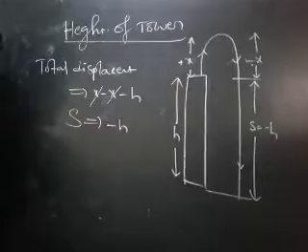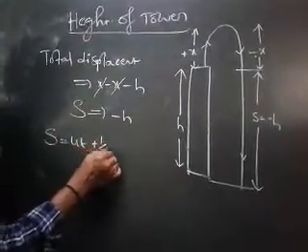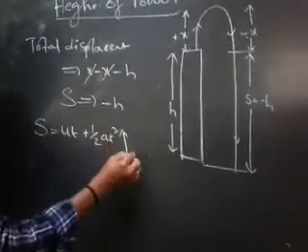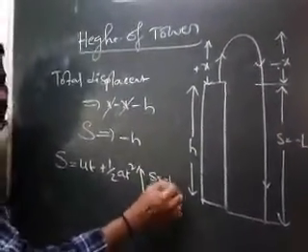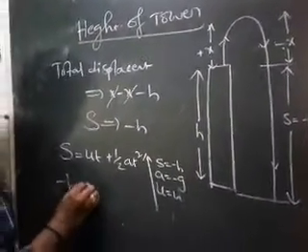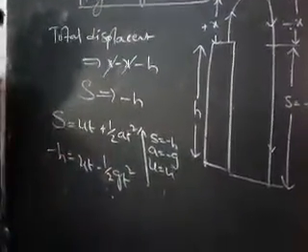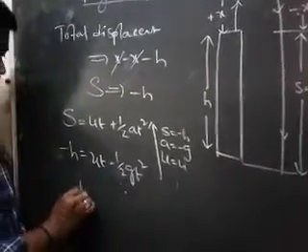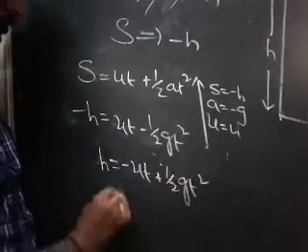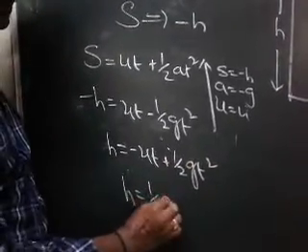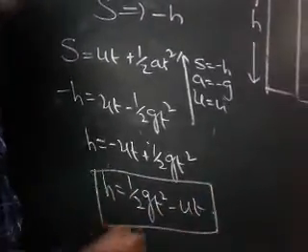This is the total displacement. According to the equation of motion, s is equal to ut plus half at square, where the body is projected up, u, a is minus g, and s is equal to minus h. Putting the conditions, s is ut minus half g t square. Therefore h is equal to minus ut plus half g t square, so h is equal to half g t square minus ut. This is our height expression.